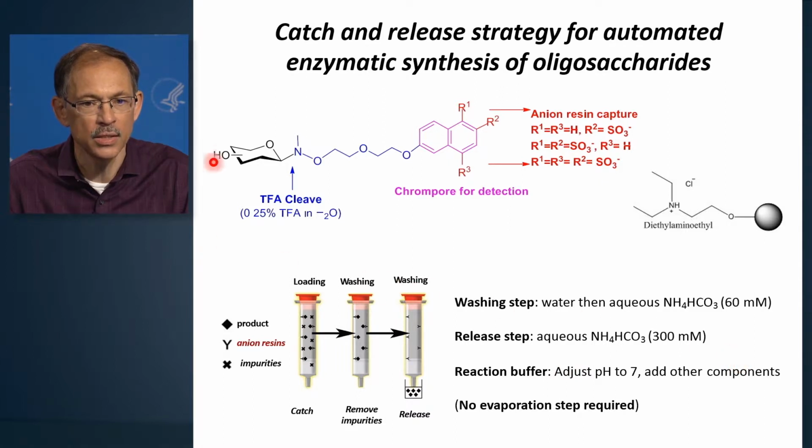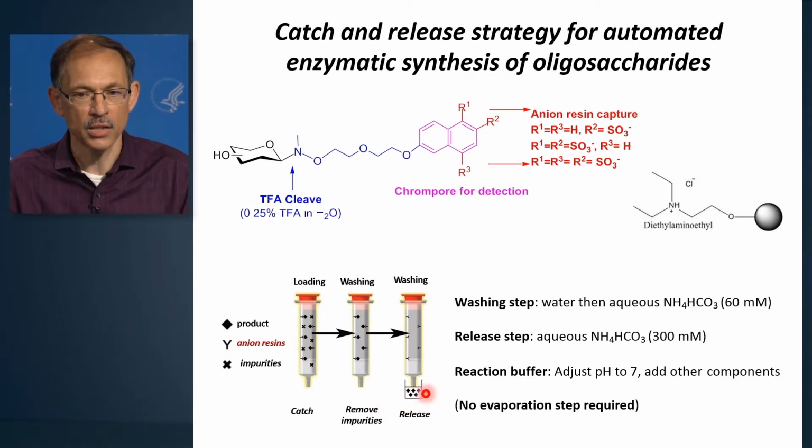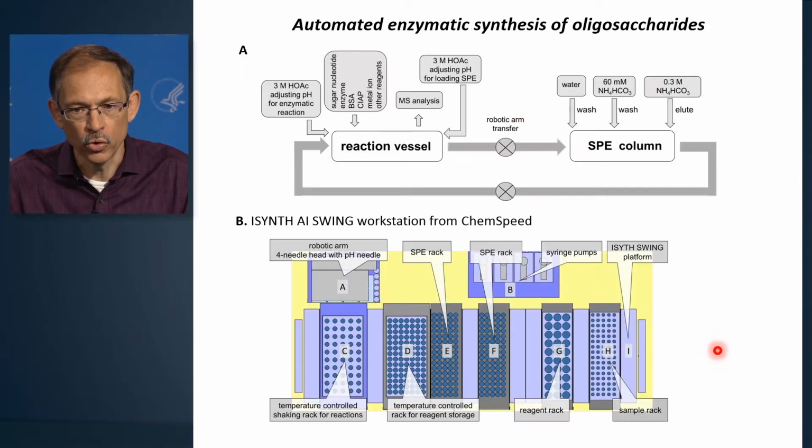So the idea is this molecule is being loaded on the resin, we perform washing steps, the molecule of interest, our glycan, stays, and then using this high concentration ammonium carbonate, it comes out, we adjust the pH, and then it can go to the next reaction step. So all of this we perform repetitively on a robot.